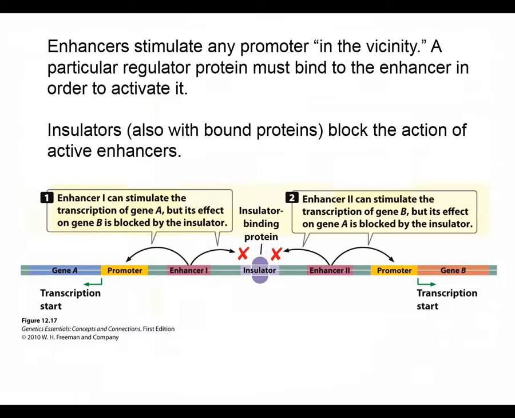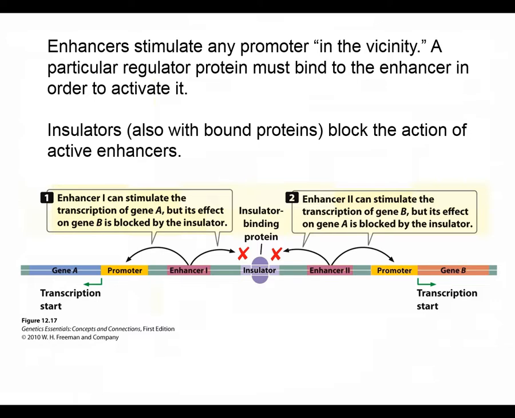The enhancer can be before the gene, it can come after the gene, it can be pretty much anywhere in the reasonable vicinity. And if it binds its protein types, then it can activate the gene as well. So there are all these requirements, and researchers have to figure out for any specific gene what are all the combinations of proteins that must bind to the promoter and the enhancer to activate gene expression. And let me tell you, it's not easy to figure that out.